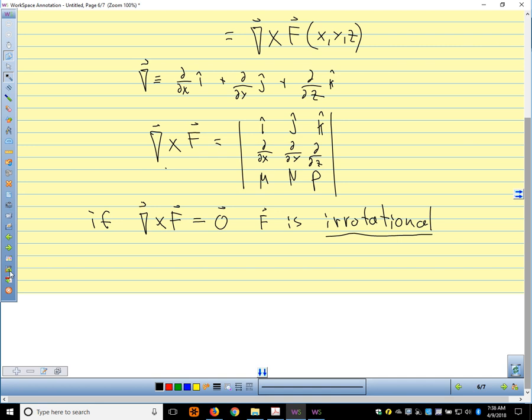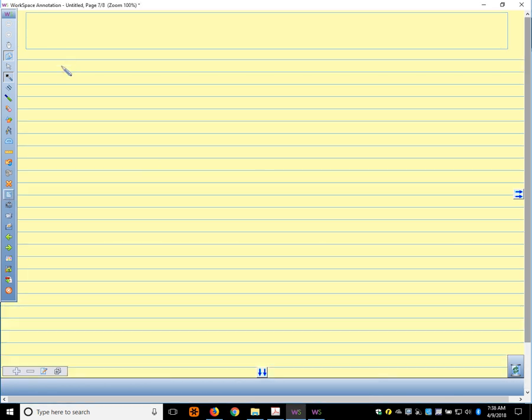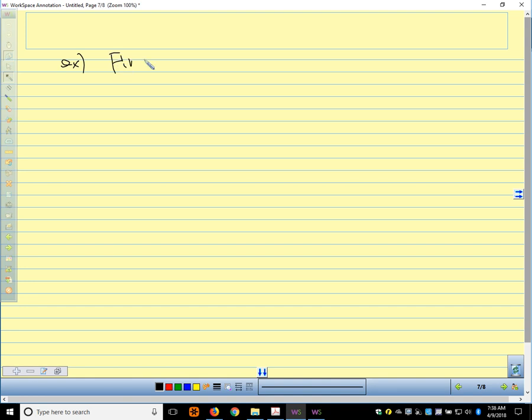So let's look at an example. If we wanted to find the curl of f of x, y, z equals x squared z i hat minus 2xz j hat plus yz k hat.